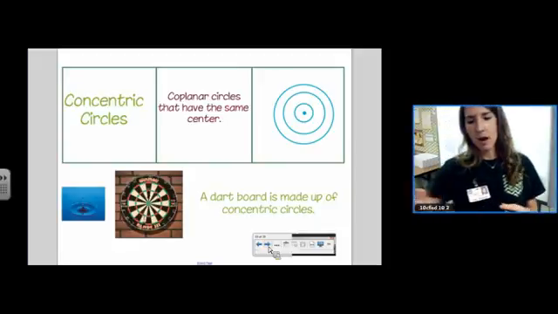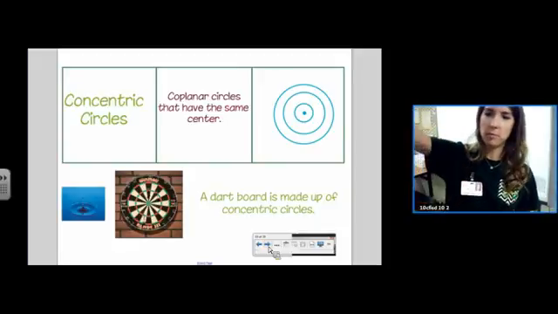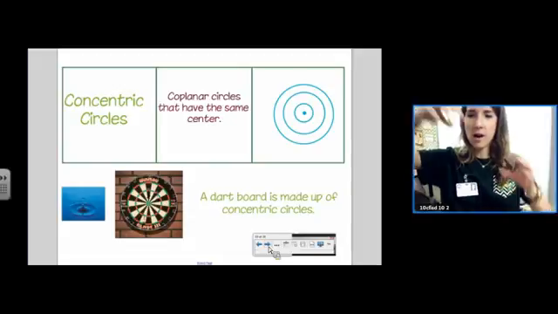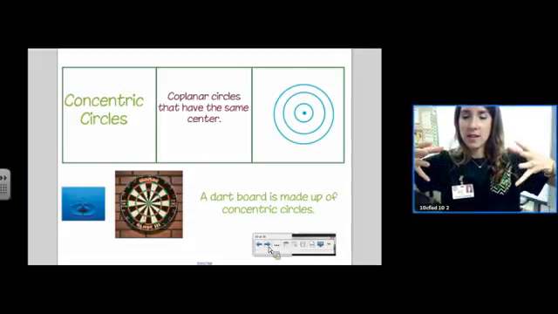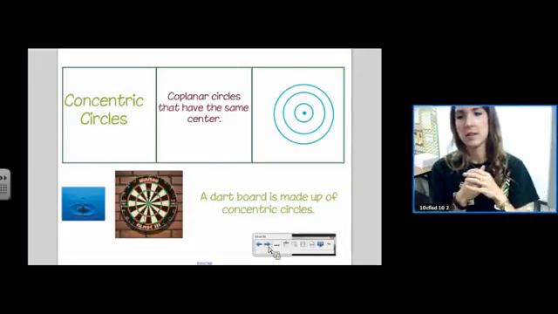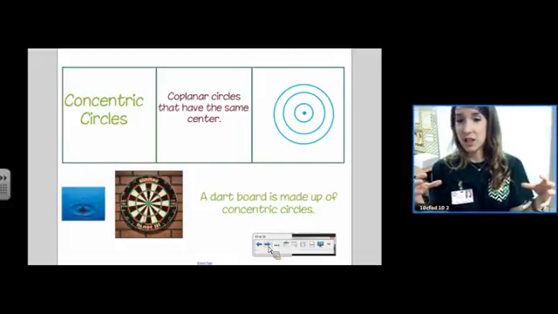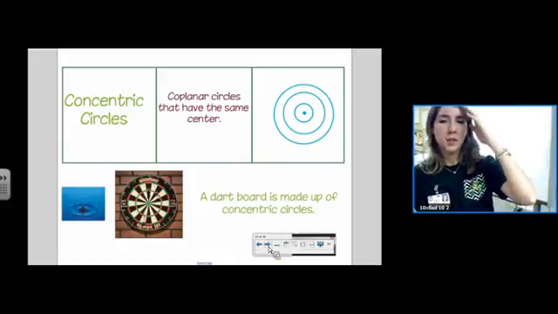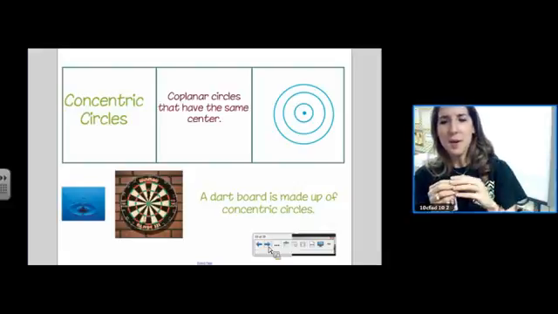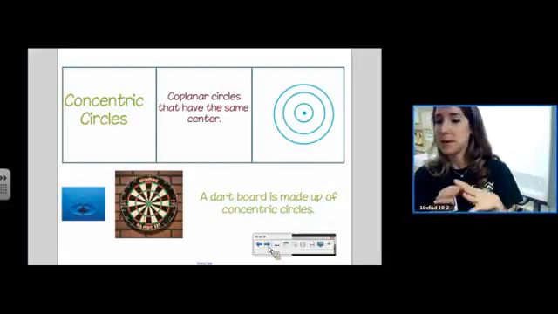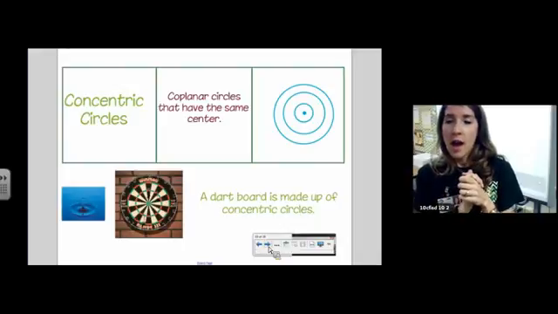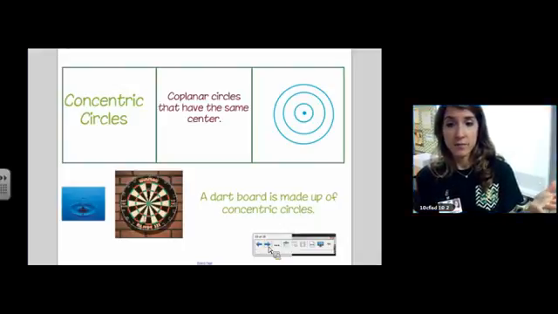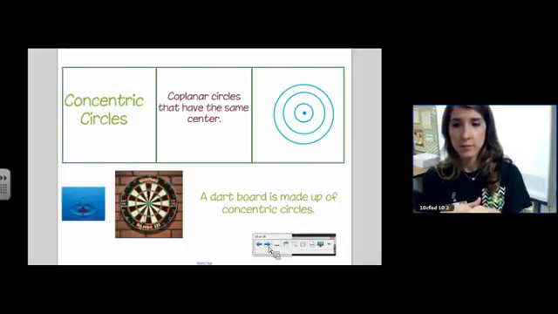If you let a rock plop or anything plop into the water, it creates a ripple effect, and those are concentric circles because they have the same center. By the way, all circles are similar to each other, so we don't need to define similar ones because they're all similar. The Target logo, that's similar circles.